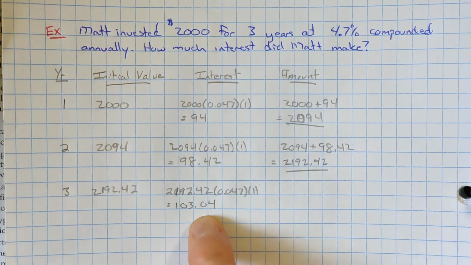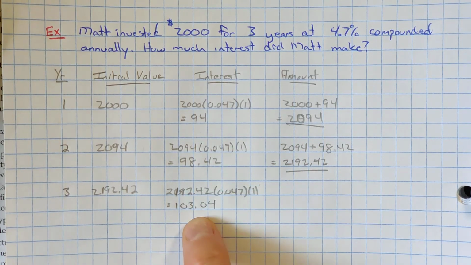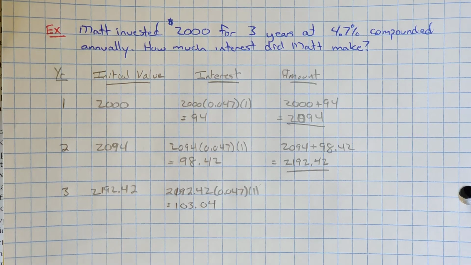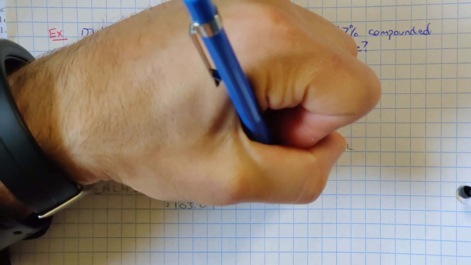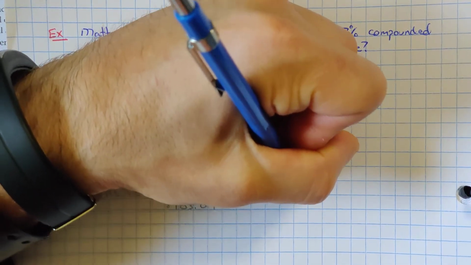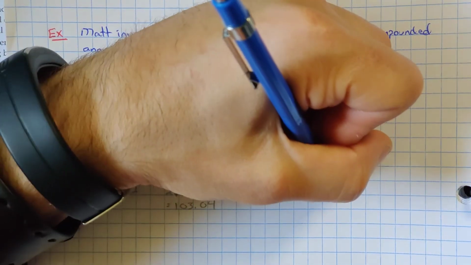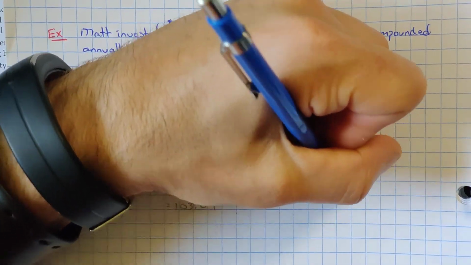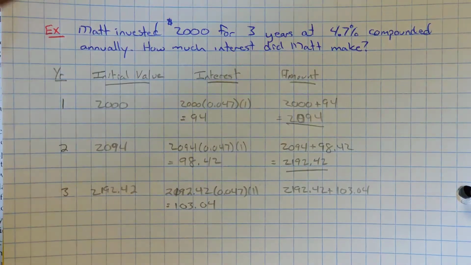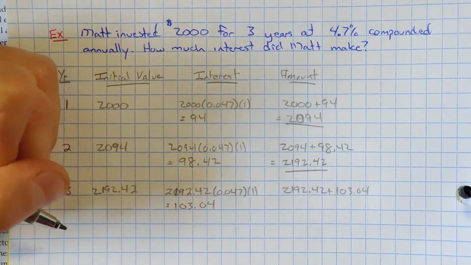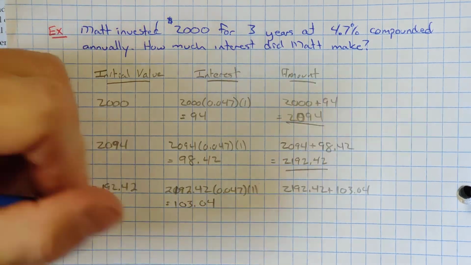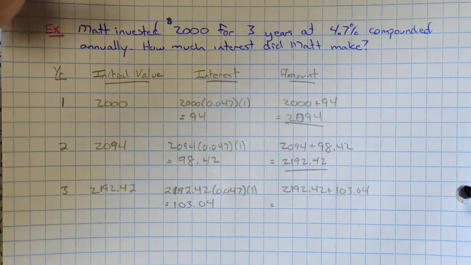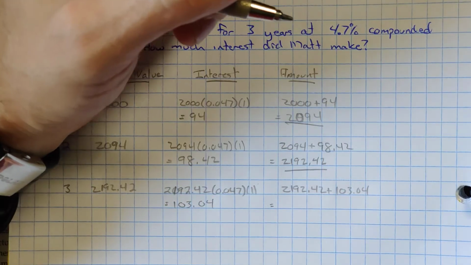And you see we keep going up. We've gone up now almost $5. And this keeps progressively going bigger and bigger and bigger. Each year he's going to successively make more money. And eventually, in the long run, he's going to make more money in interest than he is based off his original investment. But we're just looking at how much interest did he make over that period of time.